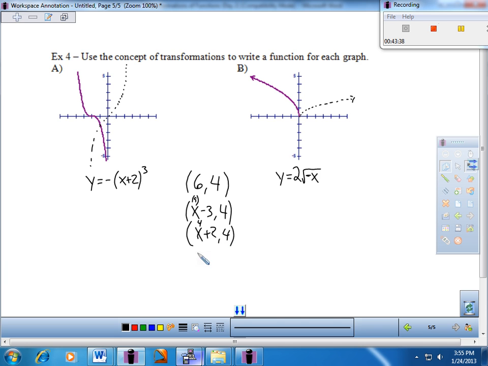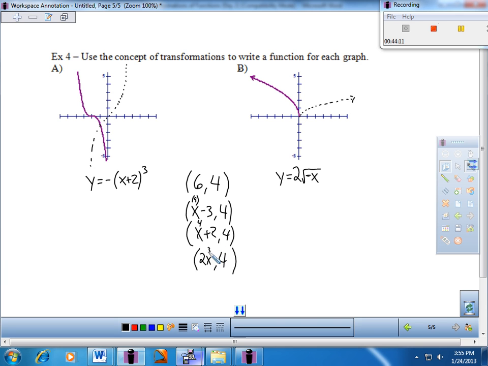That's how it works. How about the compression and stretch situation? What if I did something like this? Some people think that this is a horizontal stretch, but it's not. Because if you think about the way functions work, I have to get to the 6. 2 times what would give me 6? 2 times 3. And is 3 farther out or closer to the y-axis?